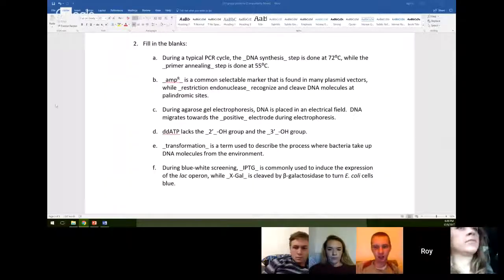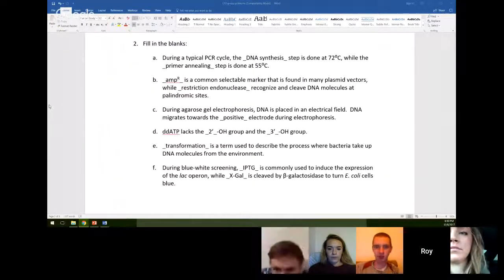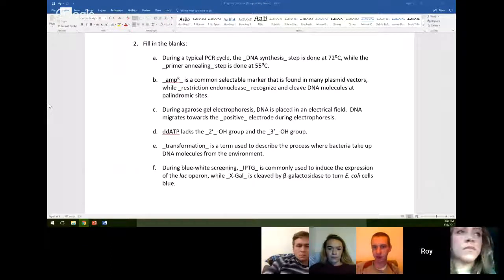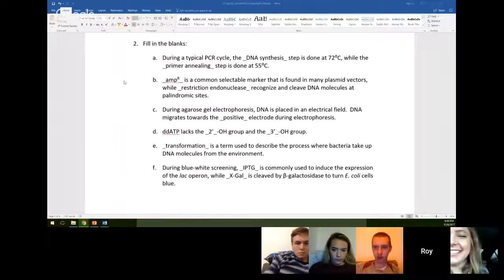For letter A, it says during a typical PCR cycle, the DNA synthesis step is done at 72 degrees Celsius, while the primer annealing step is done at 55 degrees Celsius. B, AMP-R is a common selectable marker that is found in many plasmid vectors, while the restriction endonuclease recognizes and cleaves DNA molecules at palindromic sites.